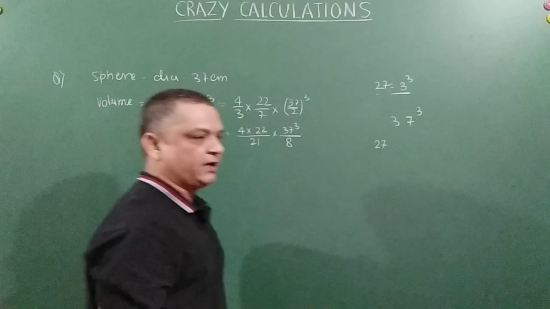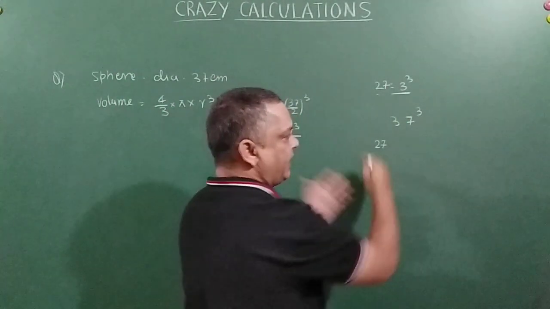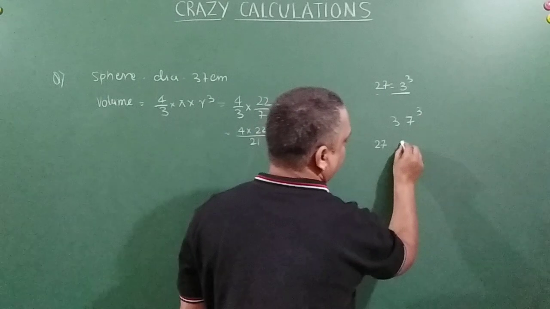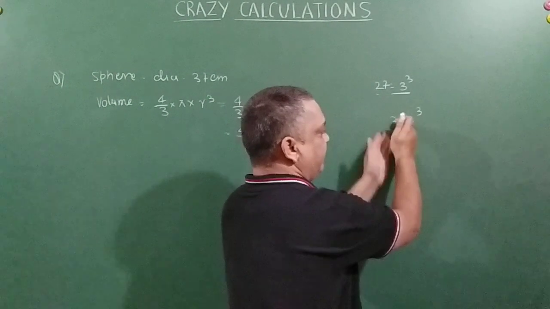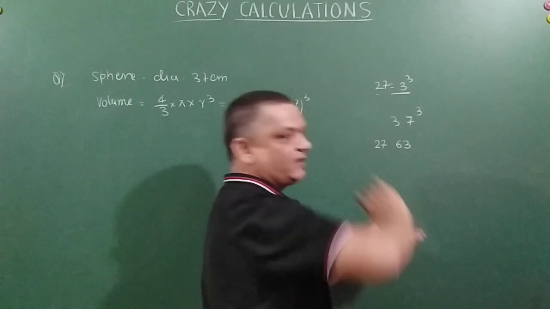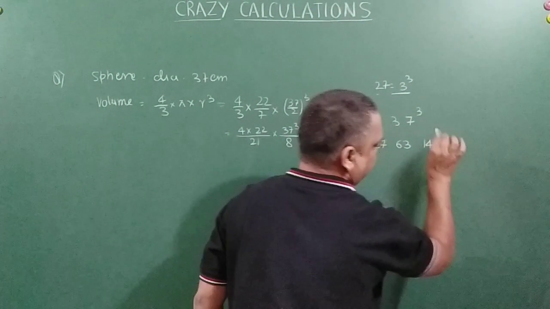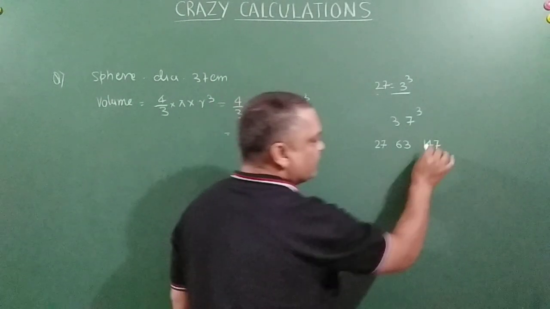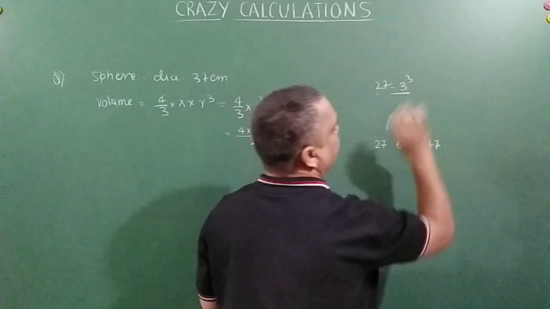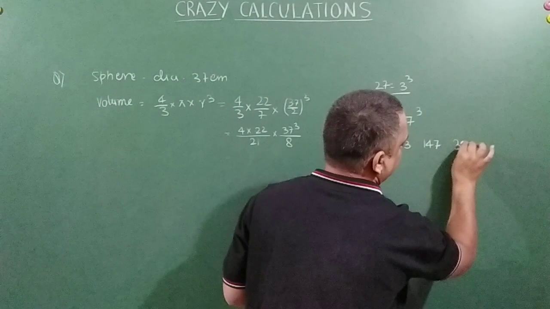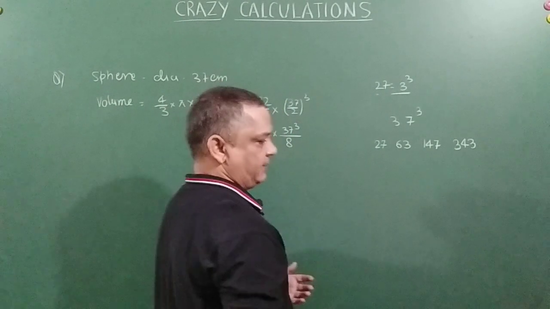Now 27 divided by 3, answer is 9. 9 into 7, your second number is 63, which will come here. 63 divided by 3, answer is 21. 21 into 7 is 147, will come here. 147 divided by 3 is 49. 49 into 7, answer is 343. 7 cube is 343, which will come there.